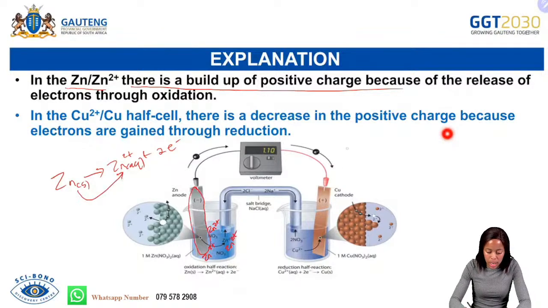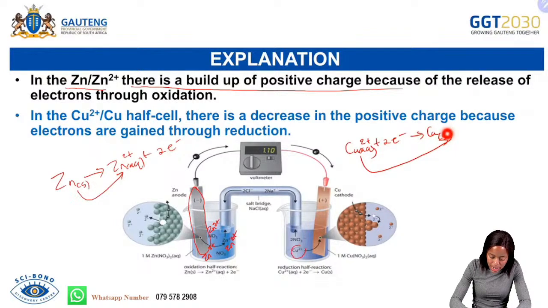Okay. Now with the cathode, we have Cu2+ plus 2 electrons to give us Cu. So therefore, we are moving from what? From aqueous to solid. Aqueous to solid. So it therefore means that there is going to be a decrease in number. Why? Because the Cu2+ are moving from the solution to the electrode.